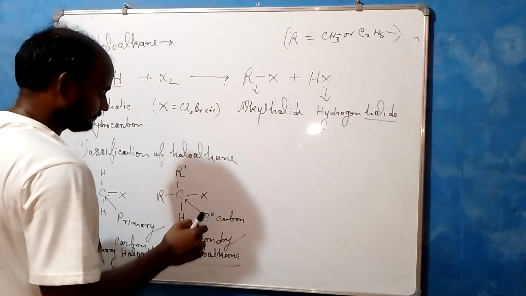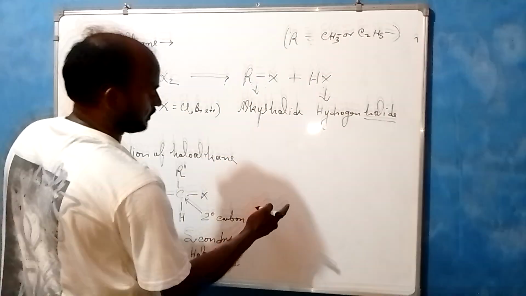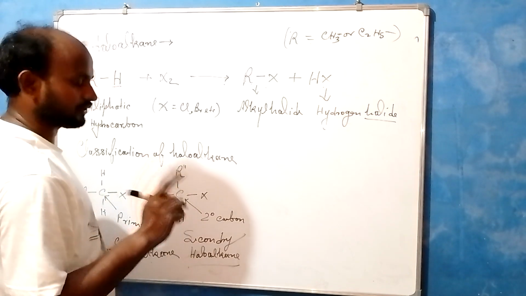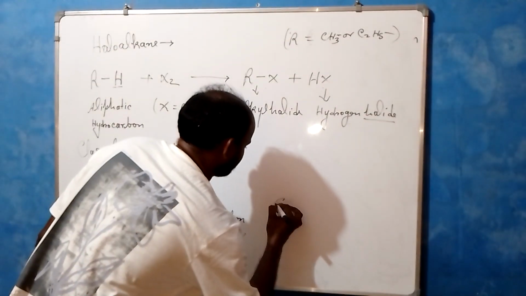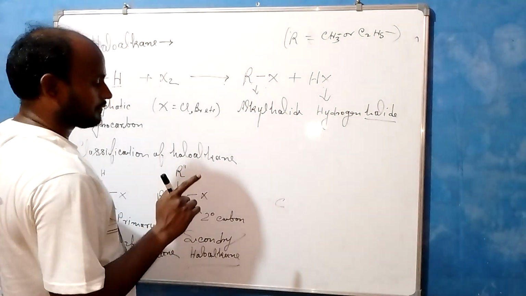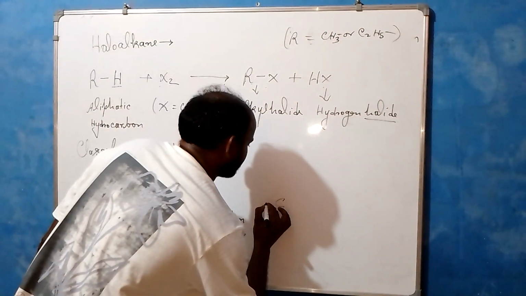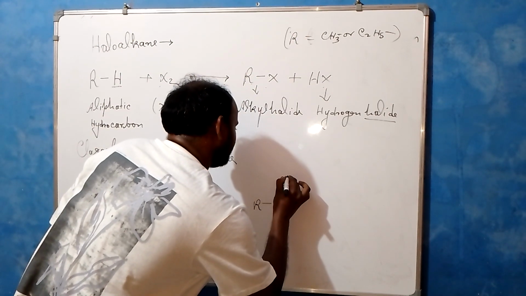Third, when the halogen atom is attached to the tertiary carbon atom, then it is called tertiary haloalkane. In tertiary haloalkane, the carbon is attached to three different alkyl groups.